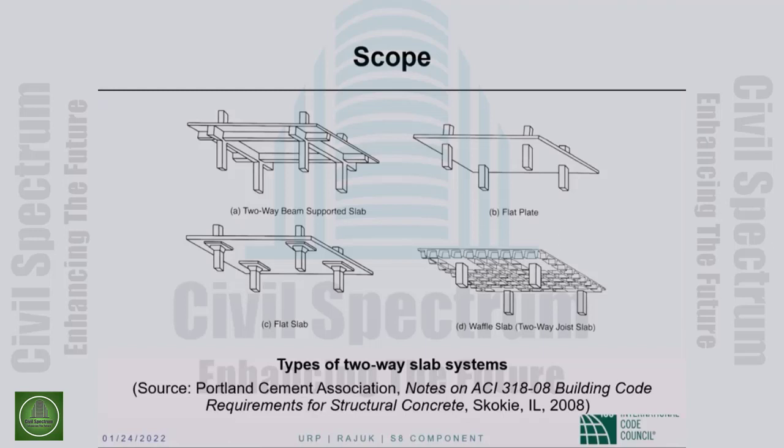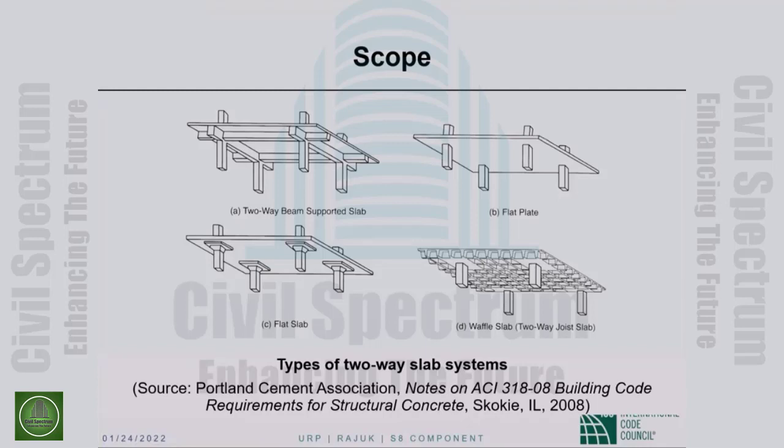When there are no column line beams, we have a slab supported directly on columns, and that is called the flat plate. Currently, the most popular definitely concrete slab system, I would say it is one of the most popular in any material.